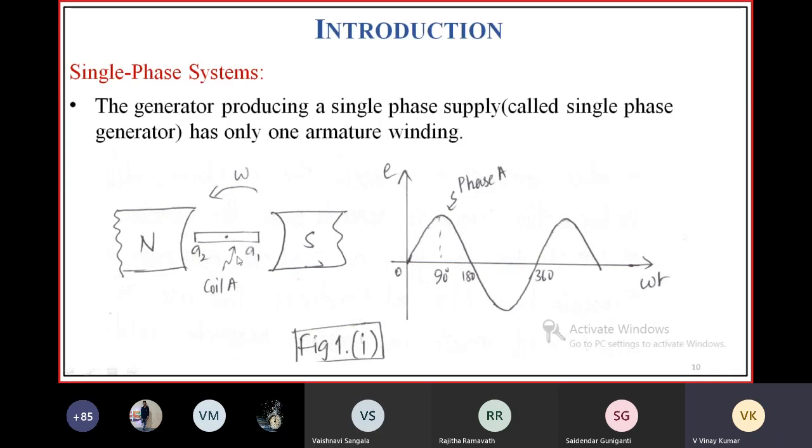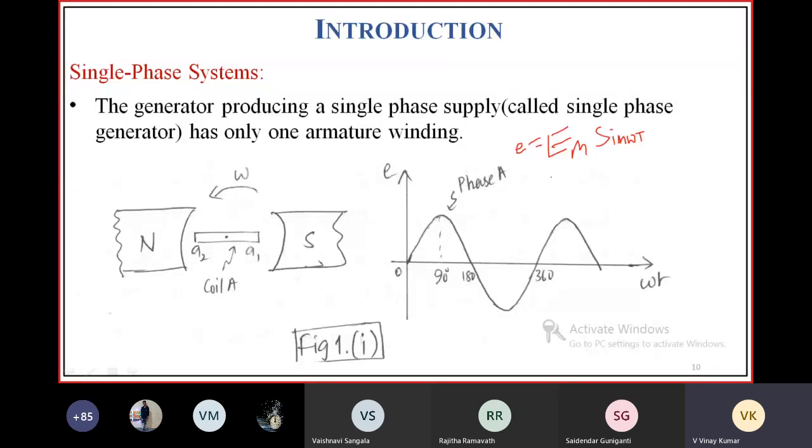Then EMF will be induced, and you will get a waveform like this. E is equal to Em sin omega t, where Em is the maximum value.